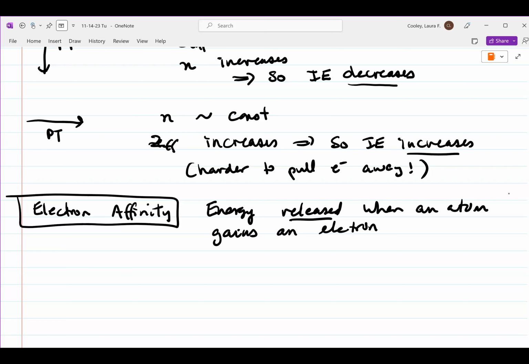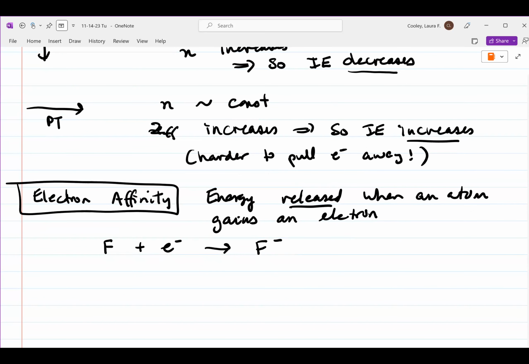So for example, if we had fluorine and an electron and we get F minus from it, do you think this process would be endothermic or exothermic? If you have an electron and an atom, the dominant interaction is an attraction to that nucleus.